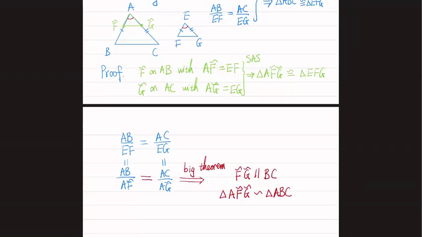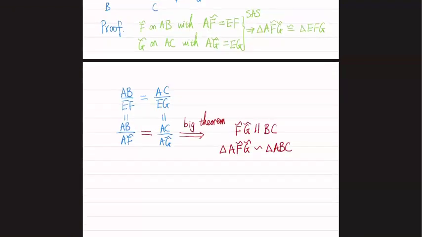Then we combine this with this. So this triangle is congruent to this one, which is similar to this one. So the two are also similar. So from there, we conclude.